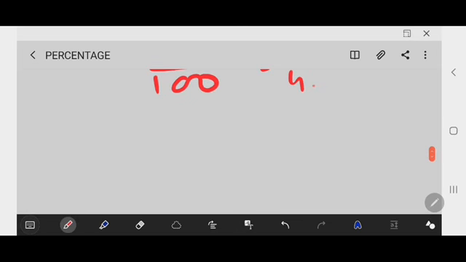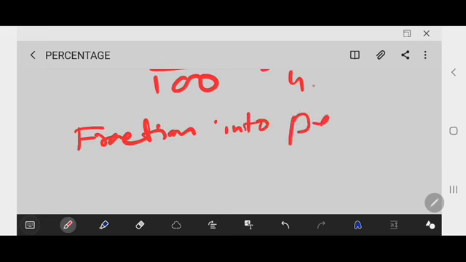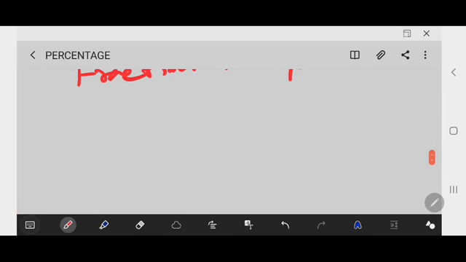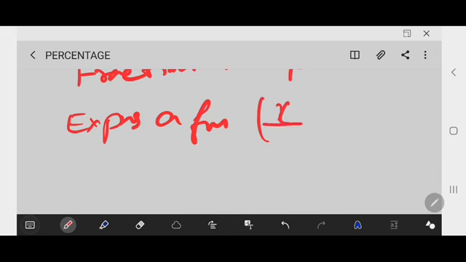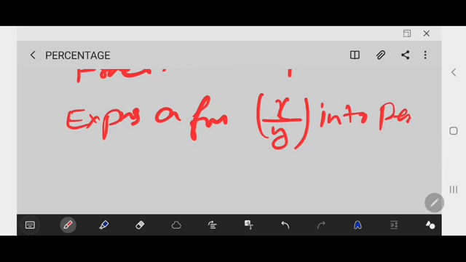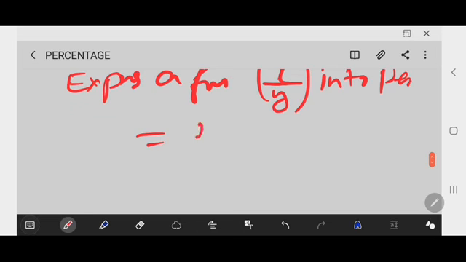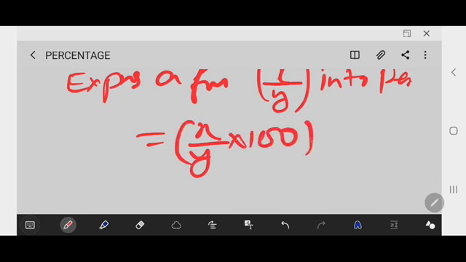Thereafter, conversion of fraction into percentage. The question will be like, express a fraction x by y into percentage. The required percentage is x by y into 100.